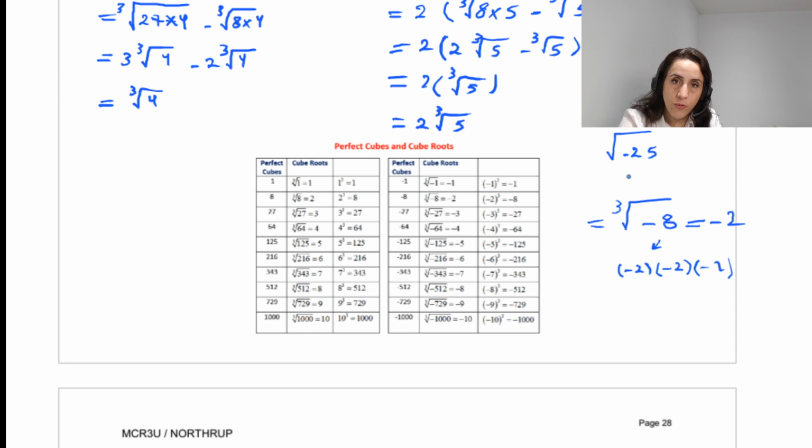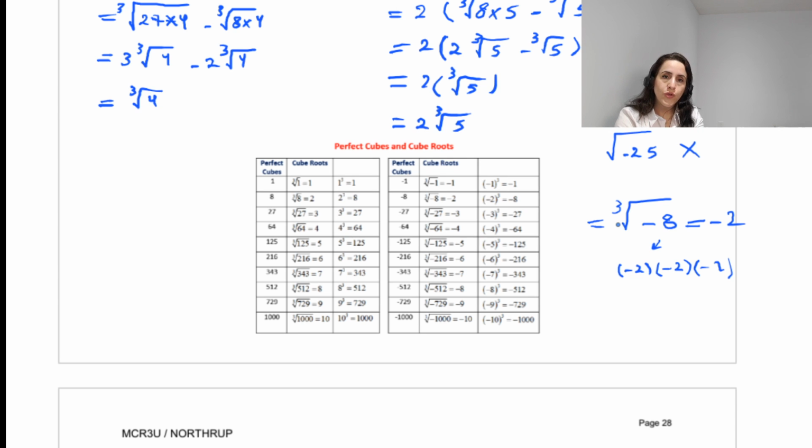But for negative 25, you cannot find two same numbers making a multiplication of negative 25. For example, for negative 25, you may have a positive 5 and negative 5. You cannot have two same numbers. That is the reason that you do not have an answer here, but for cube root, you have a negative value.